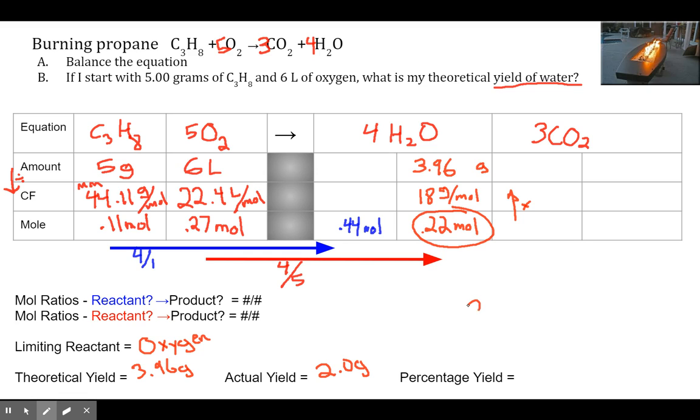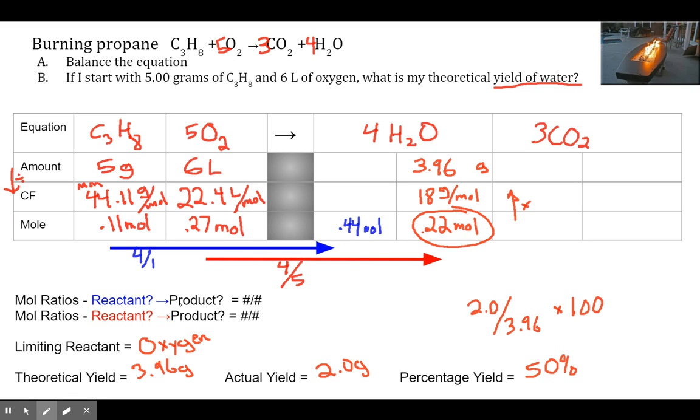So we take the 2.0 and we divide it by the 3.96 and we multiply that by 100. So if we do that calculation, 2 divided by 3.96 equals, and that multiplied by 100, you would get a 50% yield, 50% percentage yield.